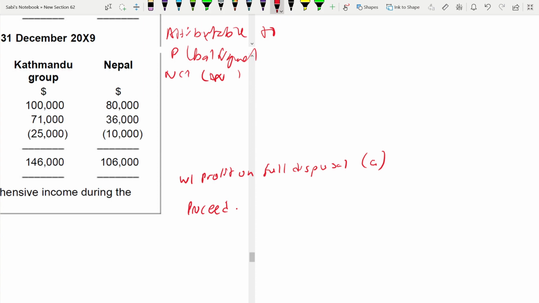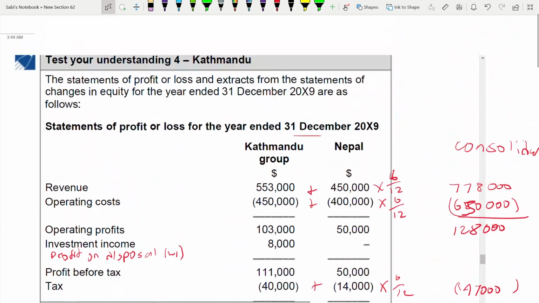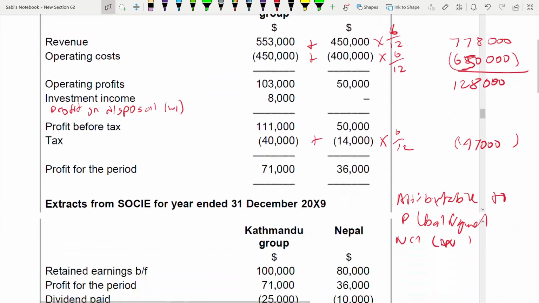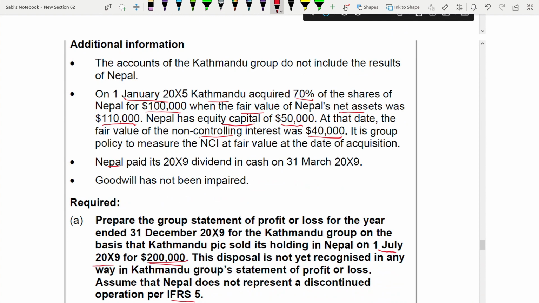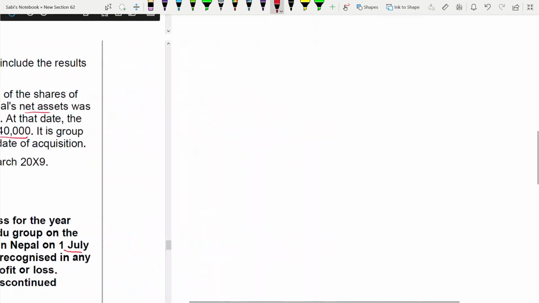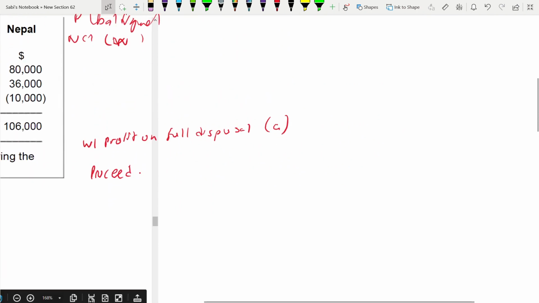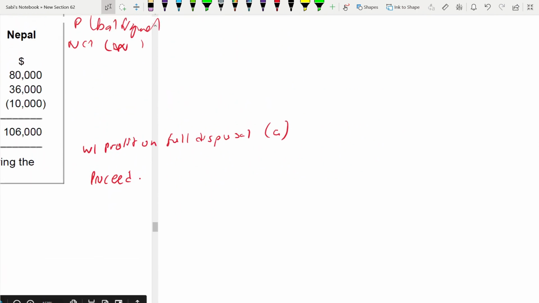You're selling it for how much? They have given the amount, for 200,000, in the requirement. Remember, sometimes in that big working, you need small workings there. So 200,000 is the proceeds.